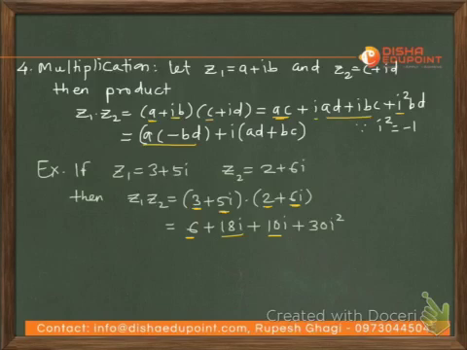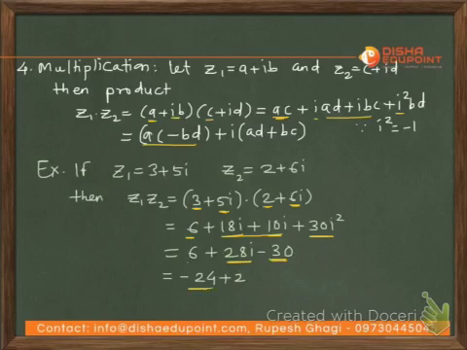But again i square is equal to minus 1. So what we have, 6 plus 18i plus 10i is equal to 28i, and 30i square is actually minus 30. So 6 minus 30 is minus 24 and 28i. So z1 into z2 is equal to minus 24 plus 28i. Actually you can go step by step or you can directly use this formula to find this answer.